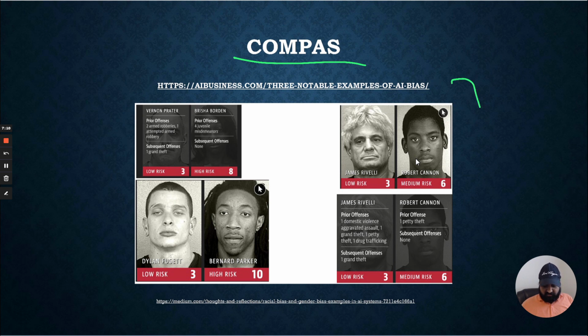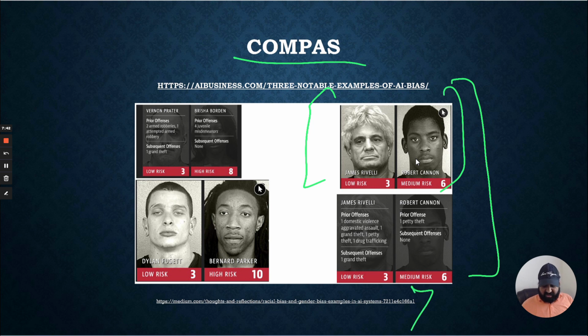And this system was racially biased towards African American minorities, because it gave a higher risk score to African Americans than to white people who committed crimes, identifying the white individuals as low risk, while those who were African Americans or from a certain minority were categorized as high risk. And this system was being used actively in courts.